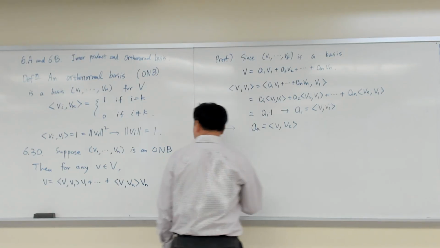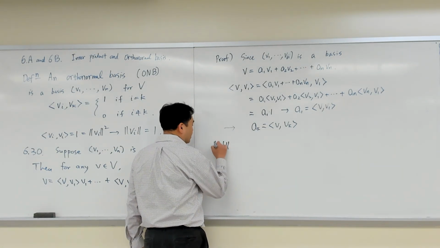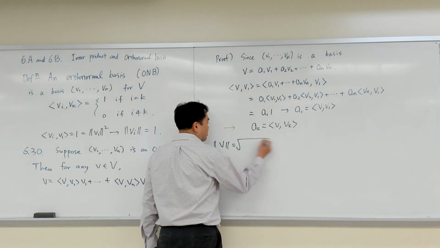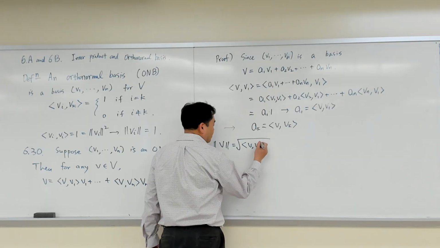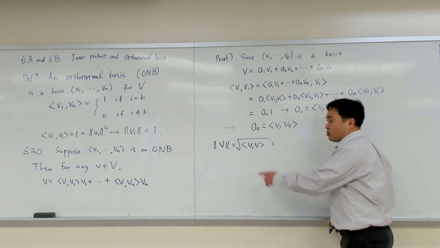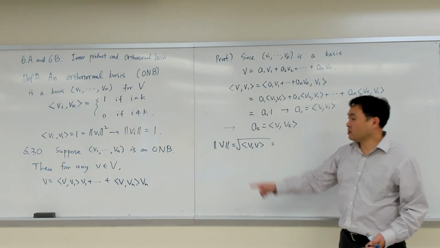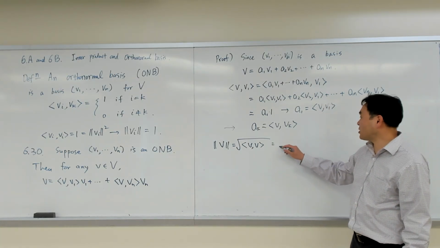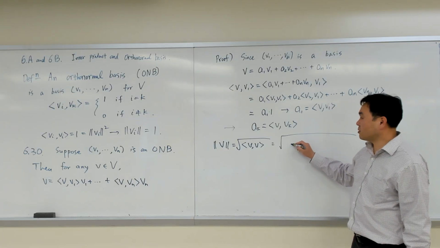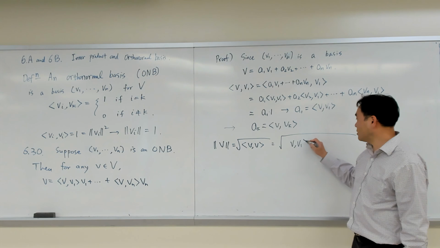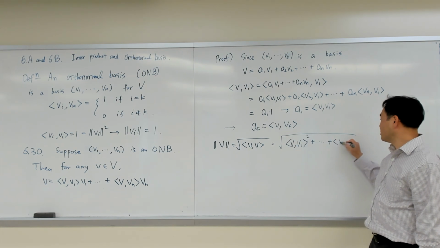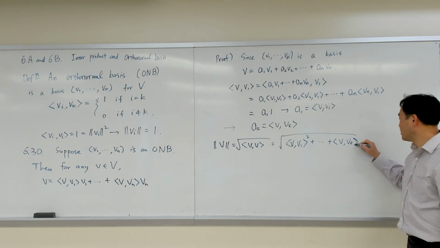Now moreover, you can see that the norm of V is, by definition, the square root of the inner product of V with V. But if you use this idea, then you can see that this is the same as the square root of the absolute value of the inner product of V and V1 squared, plus and so on, plus the inner product of V and Vn squared.